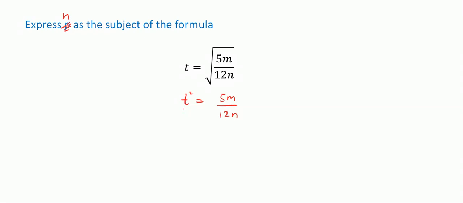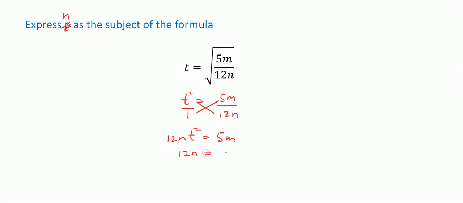So we can write this as t squared over 1 and do our cross multiplying. So we end up with 12n t squared is equal to 5m. And in order to get rid of the t squared, we divide both sides by t squared.